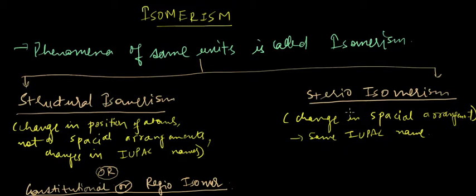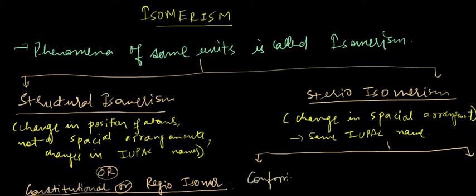Okay, and we will also look into 6 different categories of structural isomers, and stereoisomerism can actually be divided into two more branches. One is conformational and another is configurational.